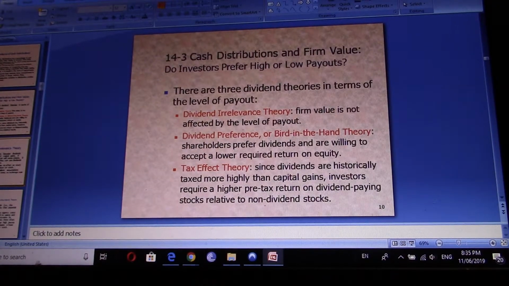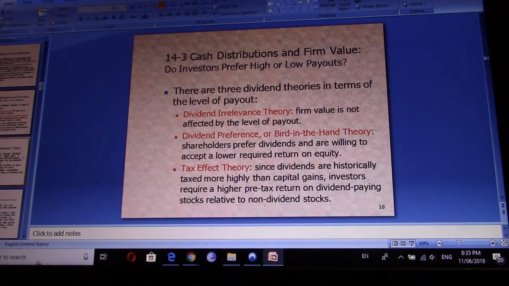Tax effect theory is just the opposite. It says that because dividends are taxed at a higher rate than capital gains, investors will prefer the company not to pay dividends, so they can pay less taxes later on.